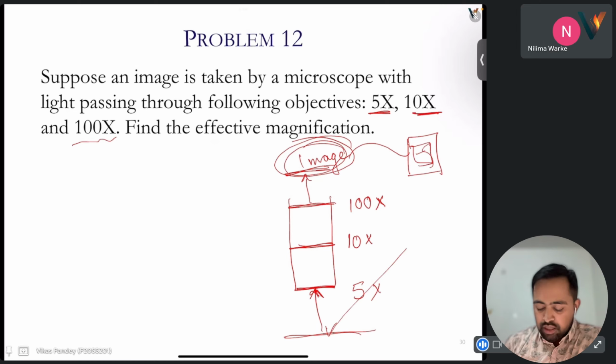Yes. So it is saying that the light that is reflected from the sample is passing through a lens that is first magnifying it by 5x, then there is another lens that is magnifying it by 10x, then it is magnifying it by 100x. So what is the total magnification that we will get?